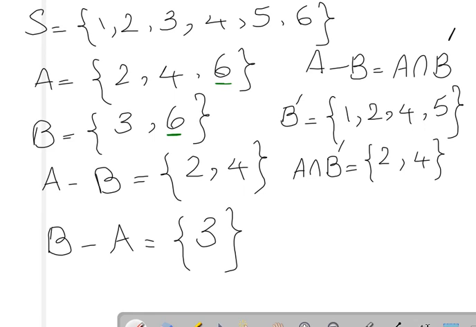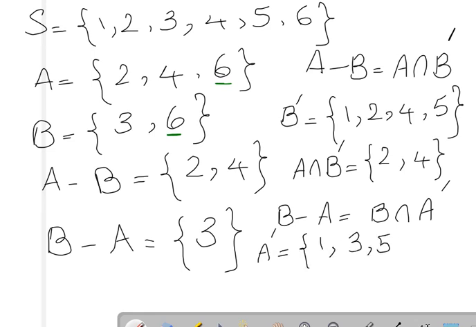And also for here, again A prime is 1, 3, 5, and the intersection of B and A prime is 3.